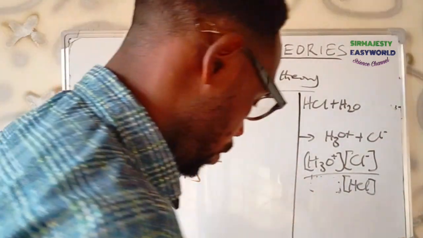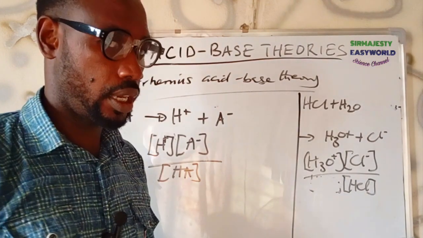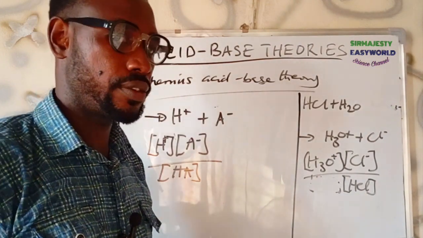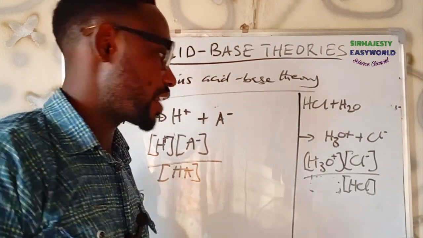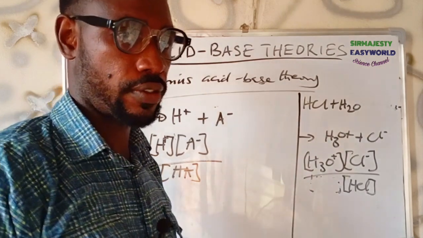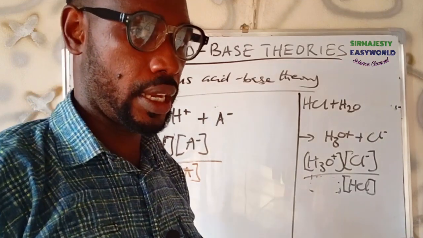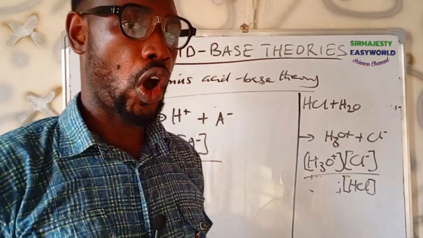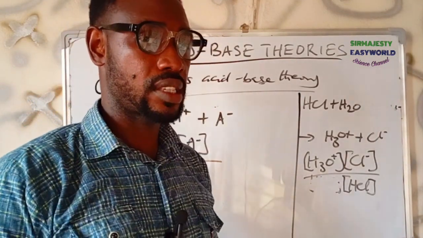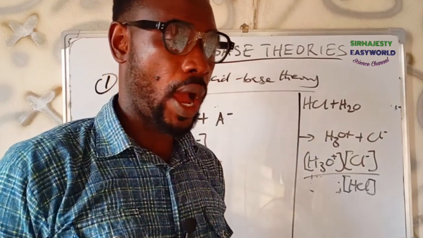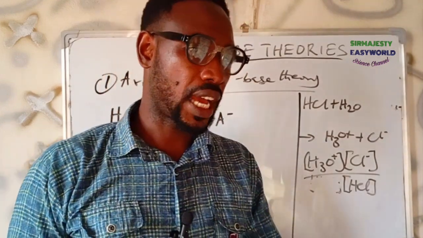Okay. Now, I want to introduce you to what we call pKa. That is getting the negative log or the inverse log of the dissociation constant of an acid. Acids that are strong acids have low pKa. That is, the negative logarithm of the dissociation constant of strong acids gives us a lower value, while the pKa of weak acids are higher.